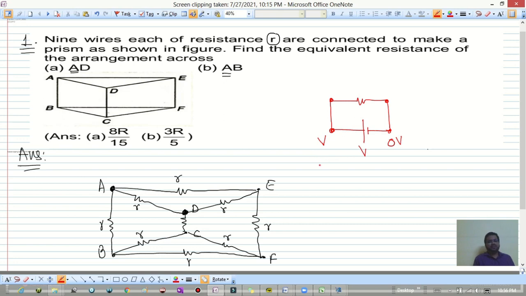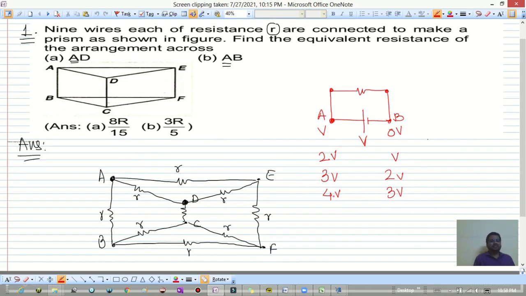If I consider at this point potential as 2V, this point potential is V. That indicates the potential difference across A and B must be equal to V. V minus 0 is V volt, 2V minus V is V volt. Likewise, 3V minus 2V is V volt, 4V minus 3V is V volt. If I apply V by 2 at this point, it must be minus V by 2 at this point, isn't it? So V by 2 minus of minus V by 2 will become V, isn't it?